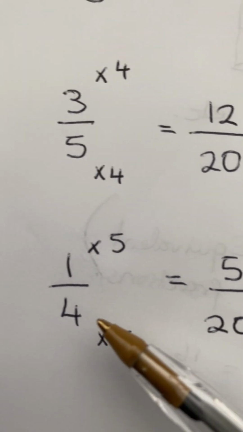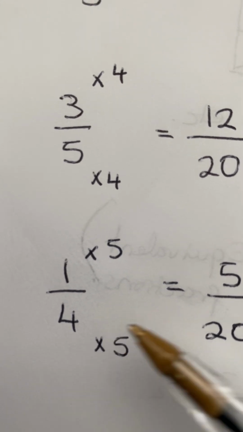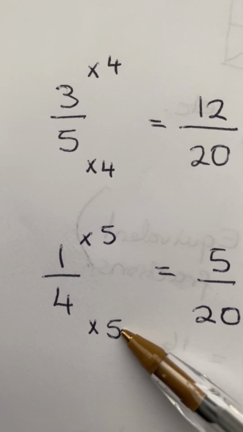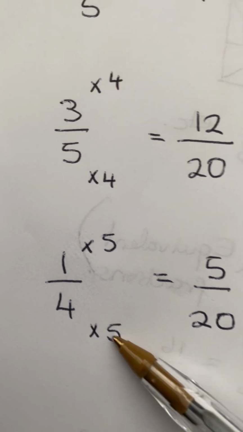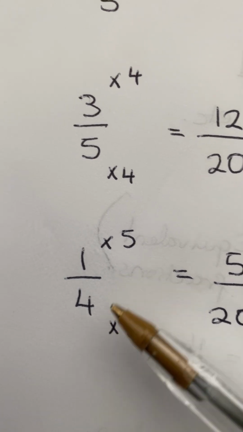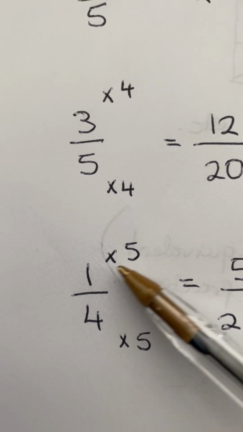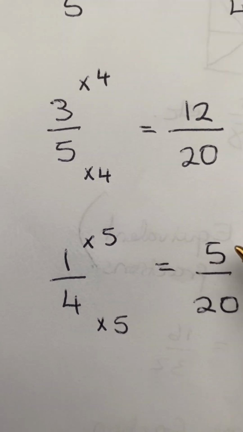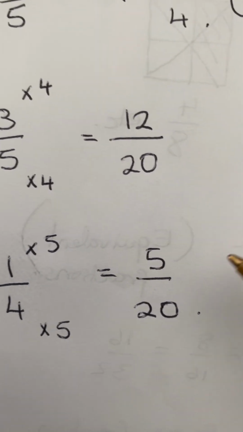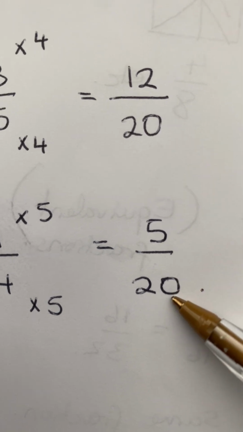Okay, now the question is, what did I do to 4 to make it 20 here? I multiplied by 5. So since I multiplied the denominator by 5, I'm going to multiply the numerator by 5. So 1 times 5 is 5. So 1 over 4 now becomes an equivalent fraction of 5 out of 20.